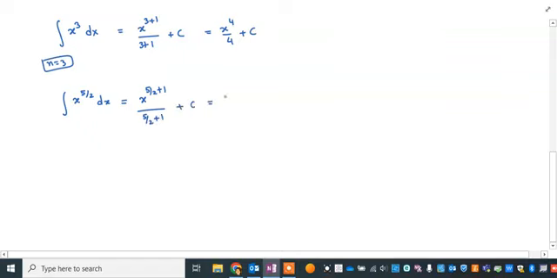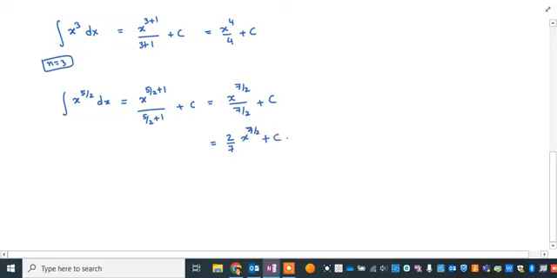You can use a calculator for that, if you want to put it in decimal form. Otherwise it will be x to the power 7 over 2 over 7 over 2 plus c. And to make this more simplified, better to write it as 2 over 7 x to the power 7 over 2 plus c.